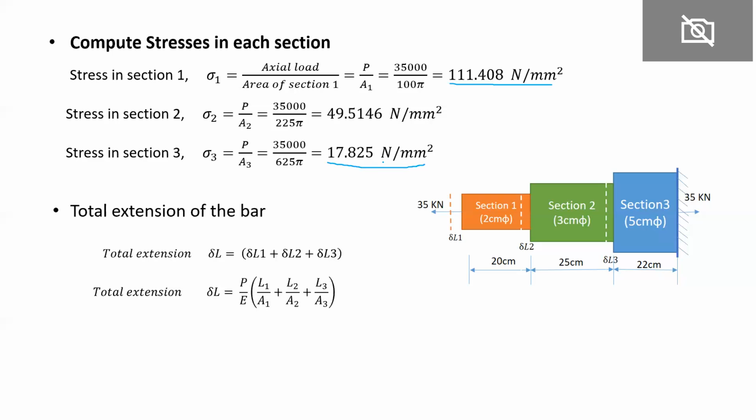Total elongation for a component can be computed using the relation: total extension delta L is equal to delta L1, the deformation in section 1, plus delta 2, the deformation of the second member, and delta 3.